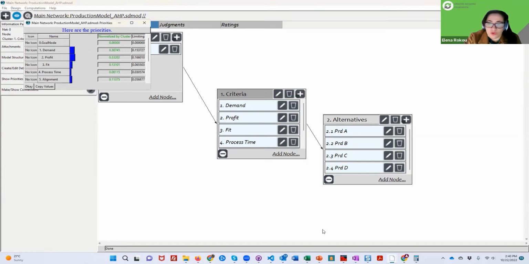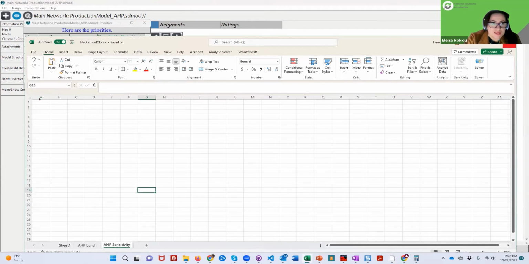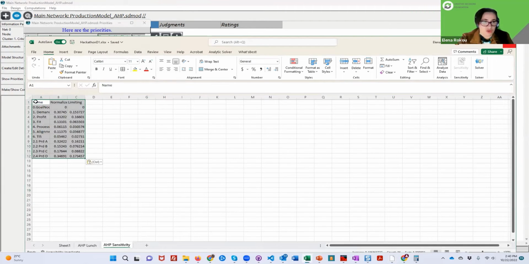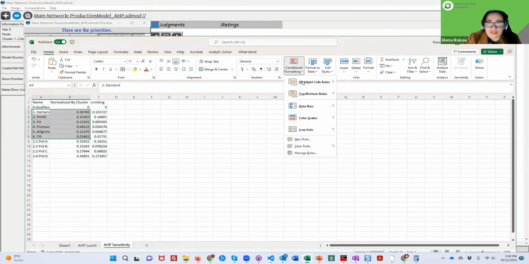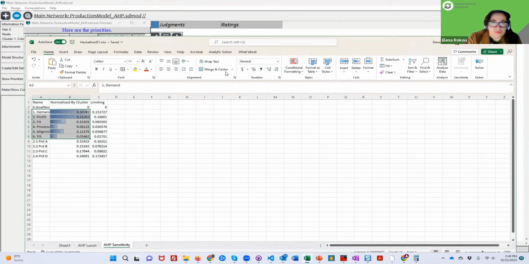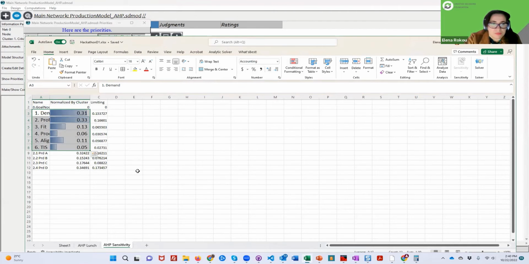I'm actually going to copy the values and use my Excel spreadsheet to save them so I can have a visual of my priorities. I specifically care right now about the priorities that relate to the criteria. So I'm going to focus on those values only.